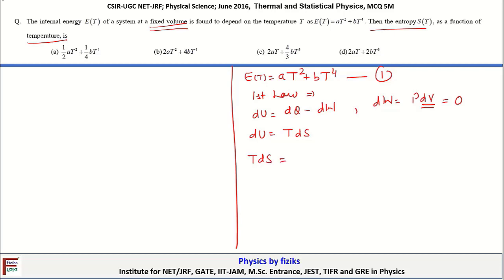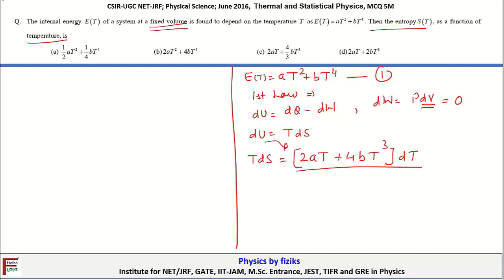So TdS is equal to (2AT plus 4BT cube) multiplied by dT. We have replaced this dU with E'(T) dT basically.